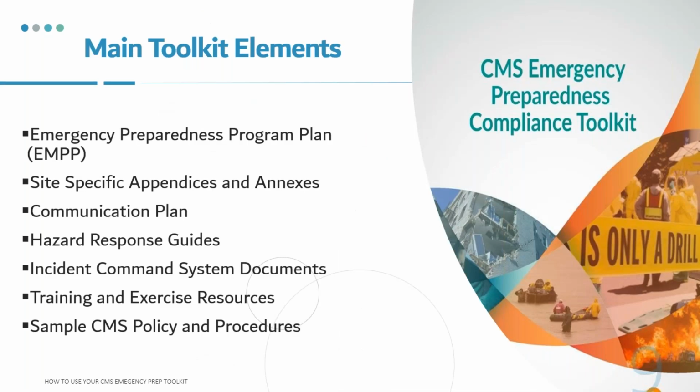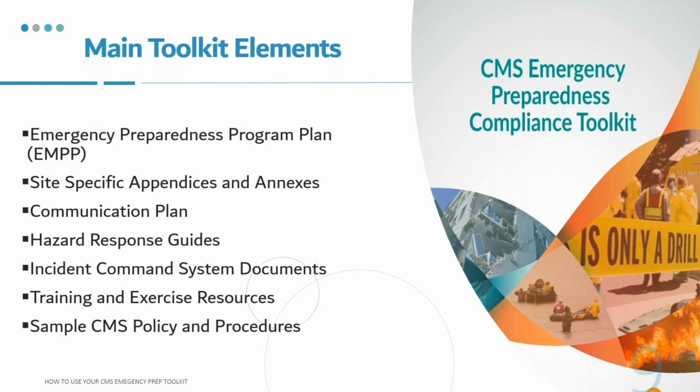So the main toolkit elements are, and we'll talk more about the sections, but this is an overview. These are the main pieces of the toolkit that you will be creating to create your emergency preparedness program for your organization. So there's an area called an emergency preparedness program plan. I call it an EMPP, which we'll talk more about in section 1.